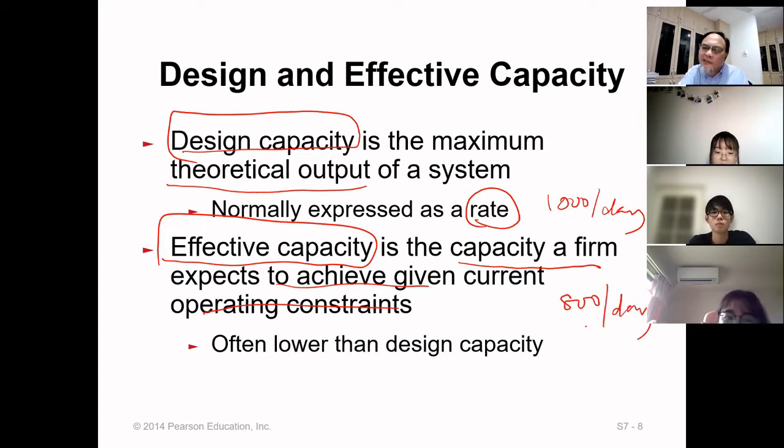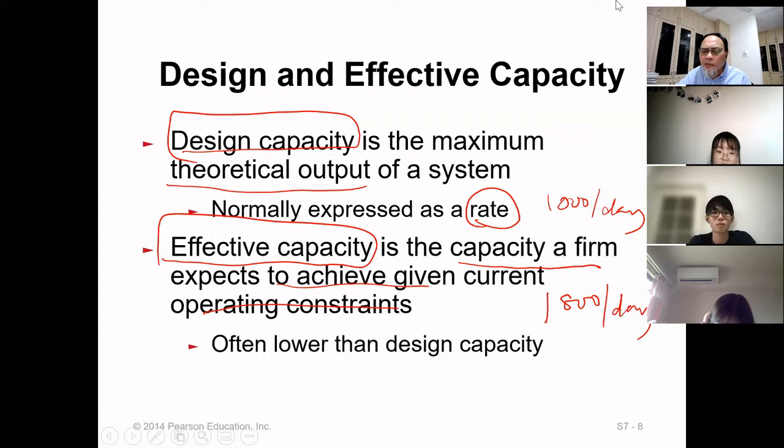So you can only meet this demand, and you lose 200 actually. This is unutilized capacity, which is basically lost income, lost opportunity.